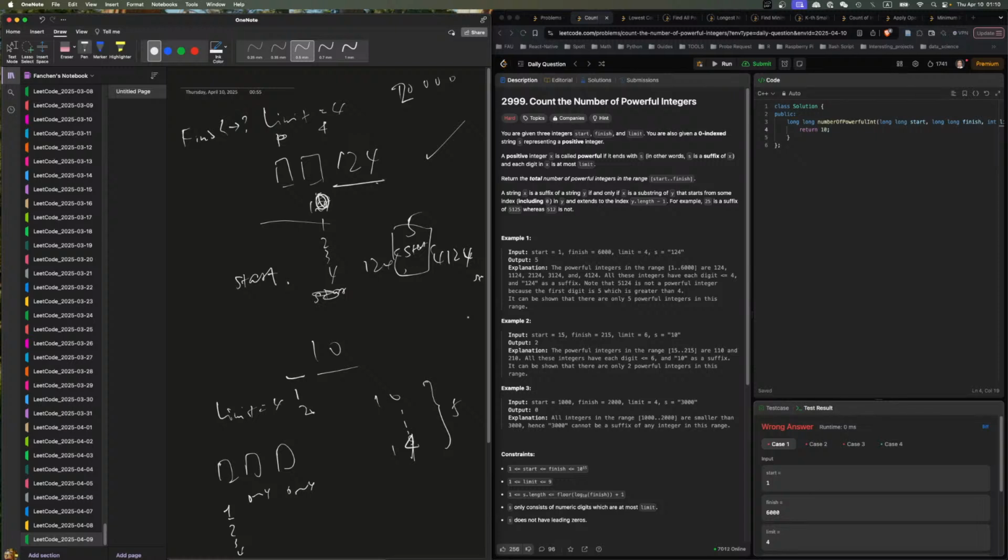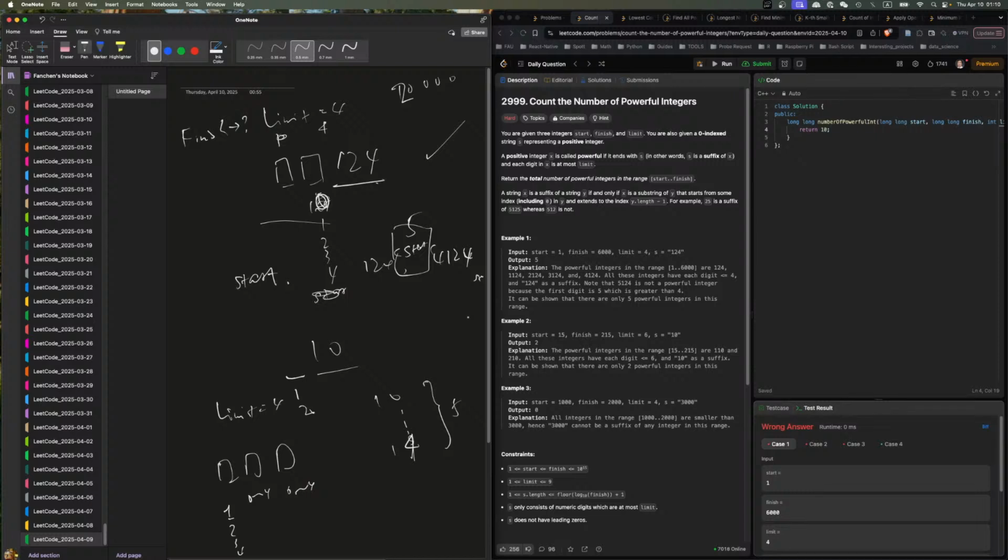We have the digit, and then we want to find the smallest one that's bigger than the start. So I try to see the first digit of start.